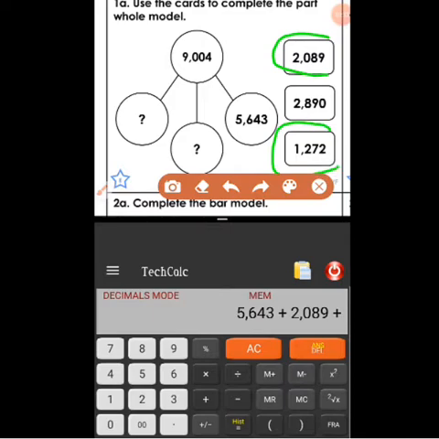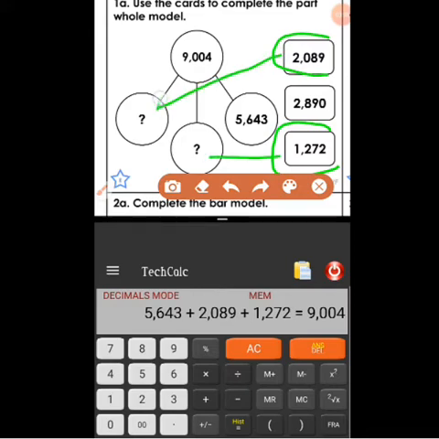Okay, so 5643 plus 2089 plus 1272. So I'm going to click on the equal sign and see what it will give us. Yay, 9004. Okay, so these two cards are the correct cards that will complete the part whole model. Do you understand? So that is how to do it.